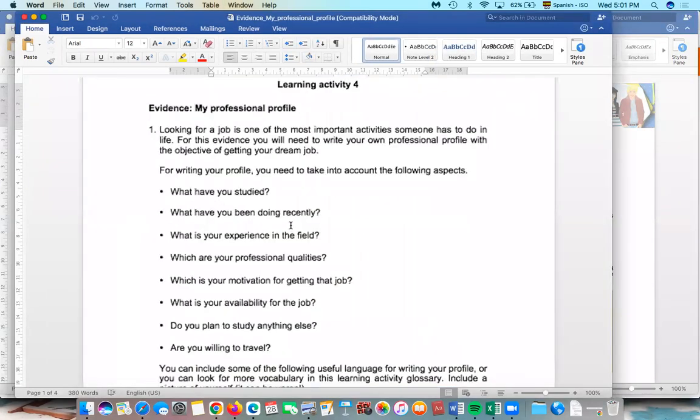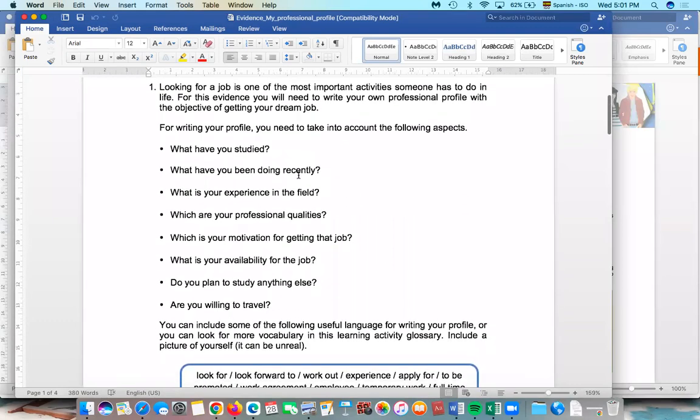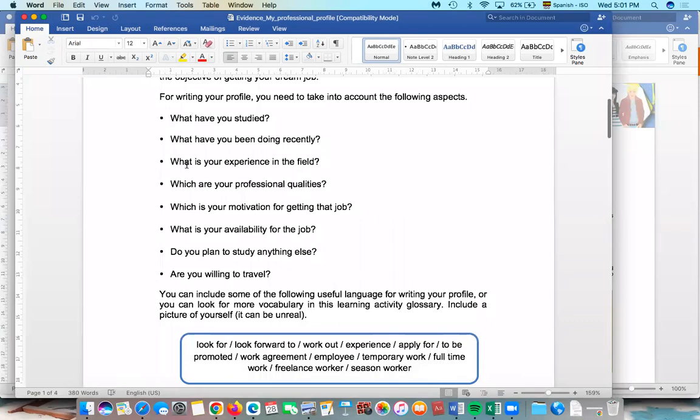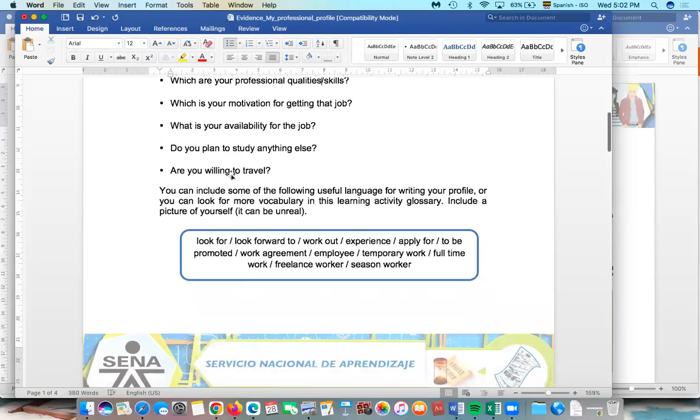This is answering the questions they give you here. You need to write your profile based on these questions. What have you studied? What have you been doing recently? What is your experience in the field? Which are your professional qualities or skills? Which is your motivation for getting the job? What is your availability, full-time or part-time? Do you plan to study anything else? And are you willing to travel?